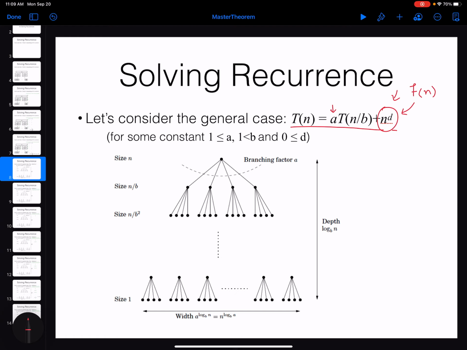Okay, so let's get back to this general form that I have here. Let's clean up a little bit. You can see that there are some constraints over the coefficients. First of all, a should be a positive number greater than or equal to 1. b should be a positive number greater than 1.